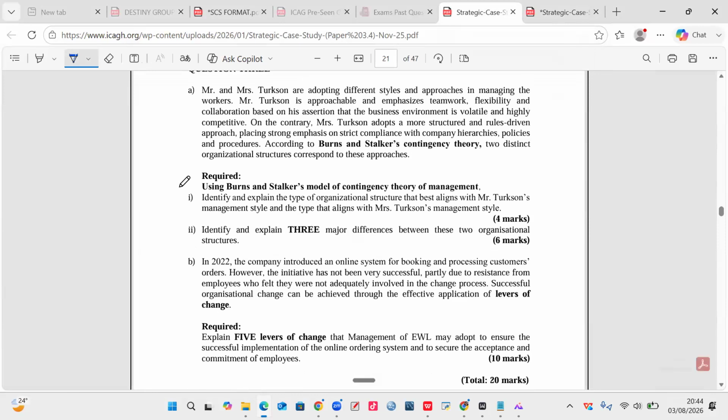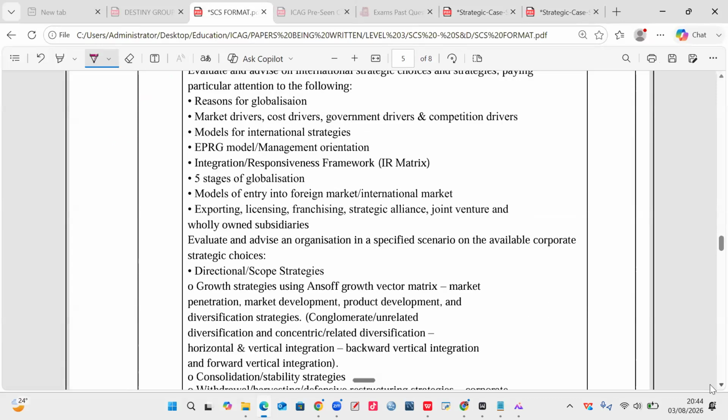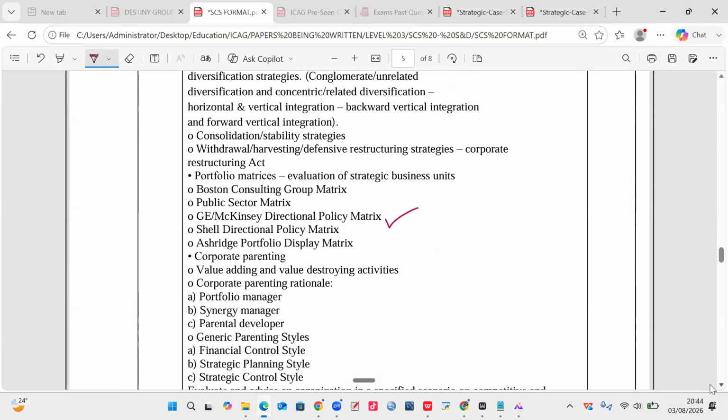3 major differences. Identify and explain the type of organizational structure that best aligns with Mr. Texan's management style. The type of organizational structure. Let's see question 3, organizational structure. Let me see whether I can get any leads to that.